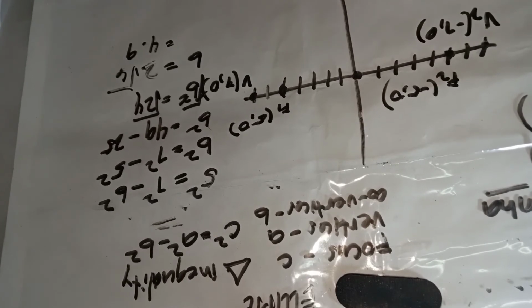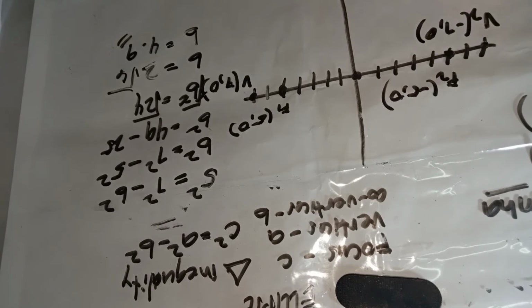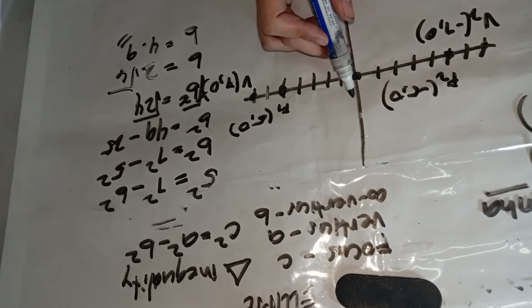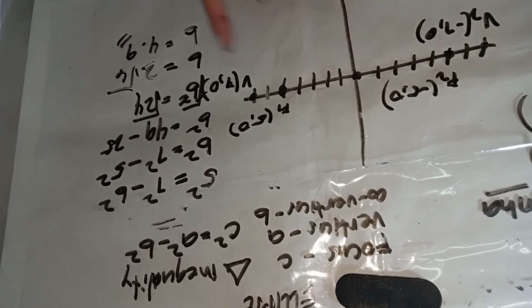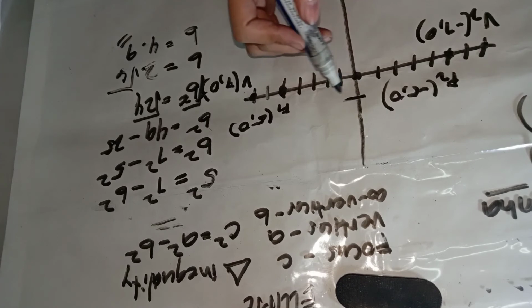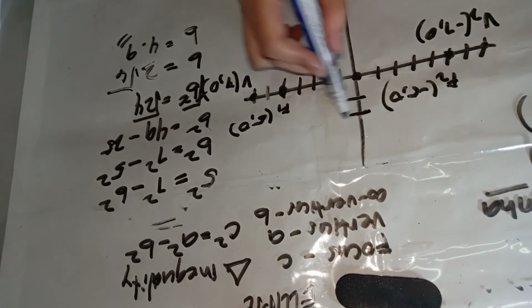Okay. So, let's do the plotting. So, our value of our B is 4.9. So, it's here. So, let's count our B. So, 1, 2, 3, 4.